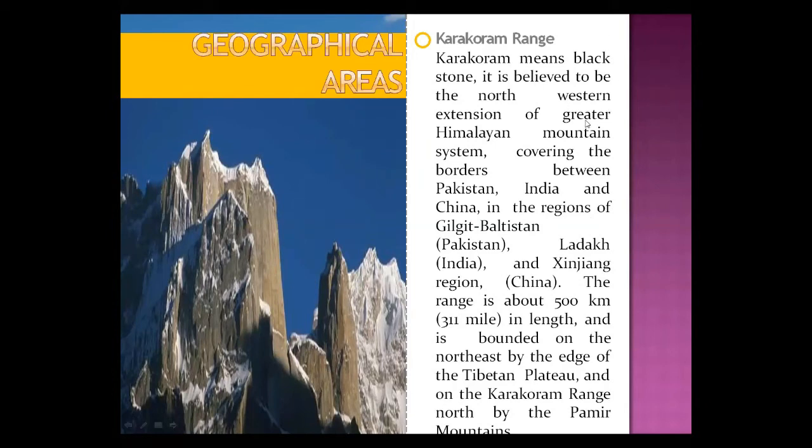The highest peak of this range, known as Nanga Parbat, lies in Kashmir and has a height of about 7,980 meters. The beautiful valley of Kashmir lies between the Pir Panjal range and the Great Himalayan range.